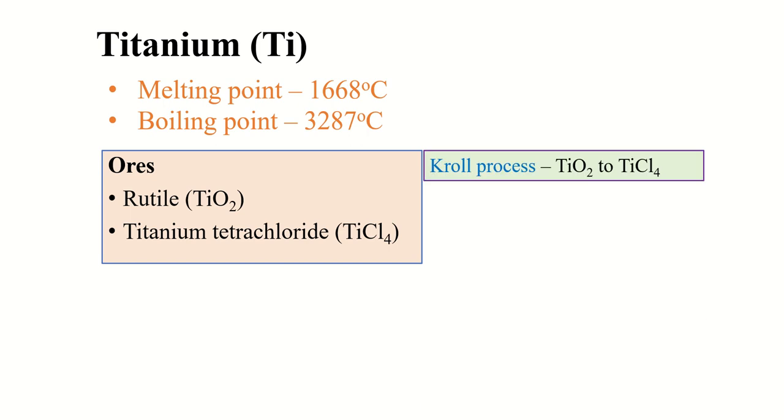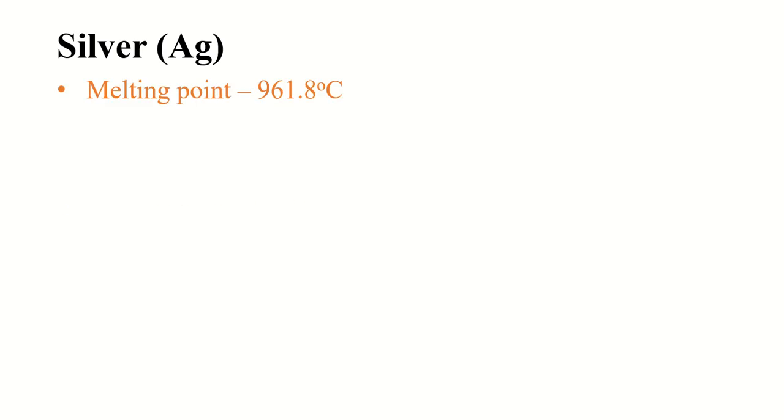The Kroll process is the very popular process for the extraction of the titanium. Silver is a very precious metal that is used for ornamental and decoration purposes, and it is also used in jewelry.